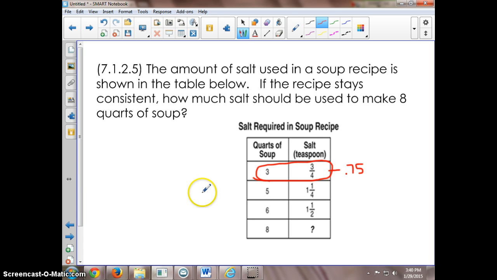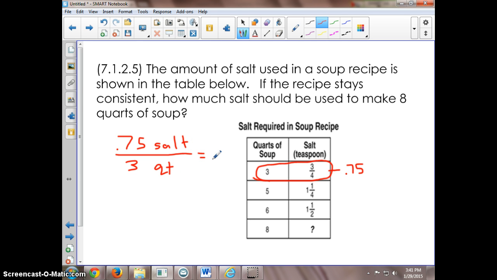And remember from yesterday, we like to find a ratio of the salt to soup. So the amount of salt per quart of soup. Remember, we call that our unit rate. So if I want to find the amount of salt per quart of soup, I would divide.